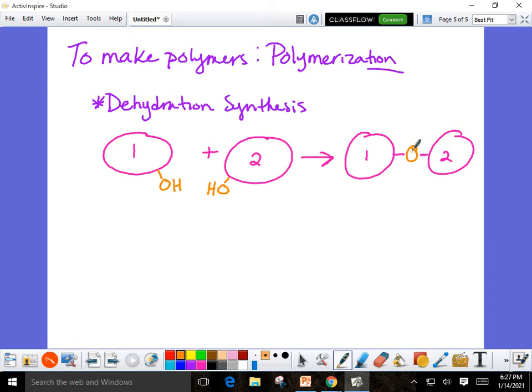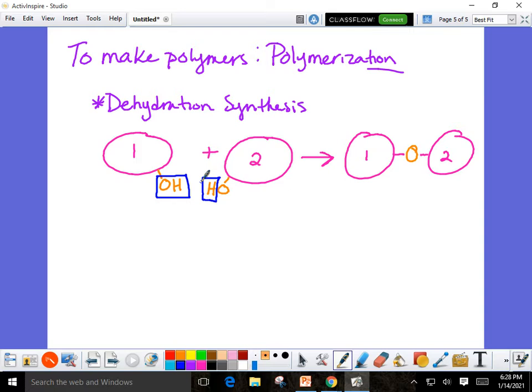Now, we have to remove a water. So what we're going to do is take the carboxyl group off of one, and the hydrogen off of the other. Removing that hydrogen from molecule number 2 is going to free up a bond with that oxygen, which it is going to want to bind to the bond that we have opened up when we took off the carboxyl group off of molecule number 1.